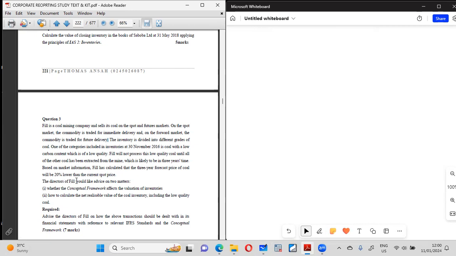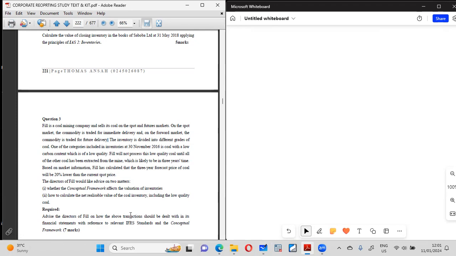The directors of Phil would like to know on 2 matters: whether the conceptual framework affects the valuation of inventory, and how to calculate the net realizable value of the coal inventory, including the low quality coal. Advise the directors of Phil how the above transaction will be dealt with in the financial statement with reference to IFRS and the conceptual framework. And it's a 7-mark question.